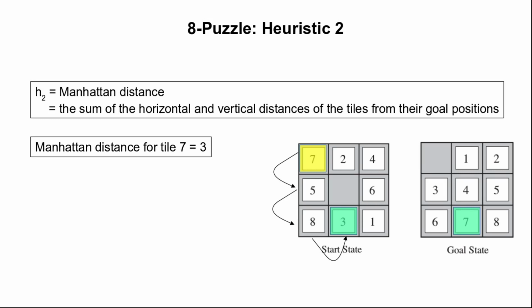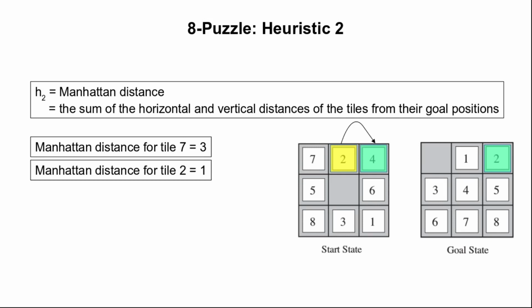Similarly, for tile number 2, its position in the start state is first row second column, whereas in the goal state tile number 2 is present in first row third column. So to move to its correct position, for tile number 2 we need to make one move horizontally. So the Manhattan distance for tile 2 is 1.